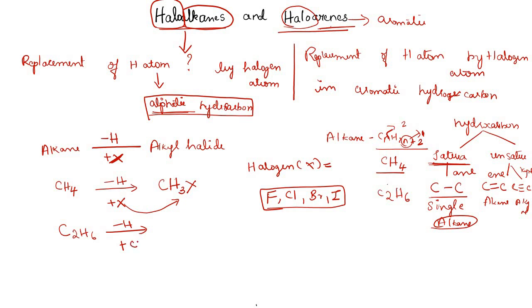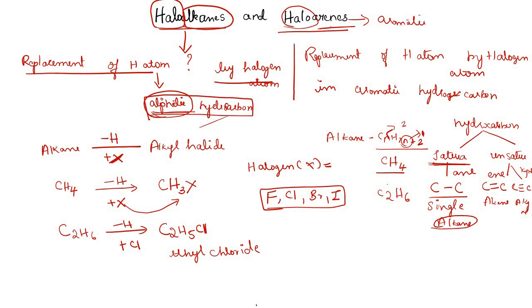If I add, for example, chlorine, what do you get? C2H5Cl, ethyl chloride. I hope you are clear with haloalkanes, what this sentence means: replacement of hydrogen atoms by halogen atoms in an aliphatic. I hope it's clear.